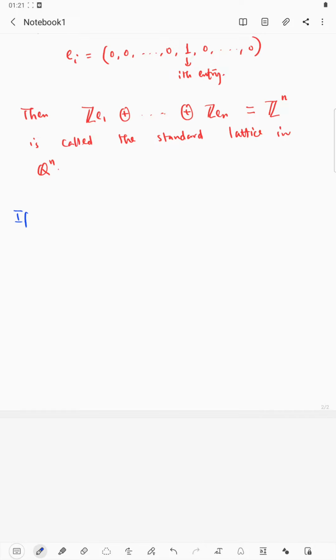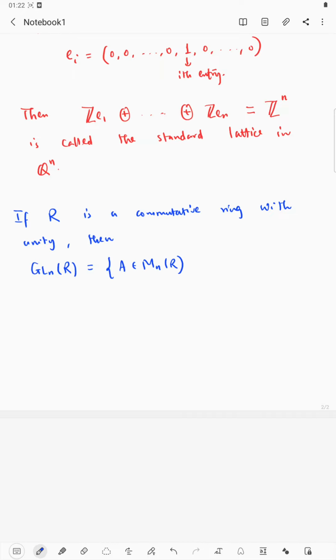If R is a commutative ring with unity, then GLN R is defined as all those A inside Mn(R), the n by n matrices with coefficients in R, such that the determinant of A is a unit in R.